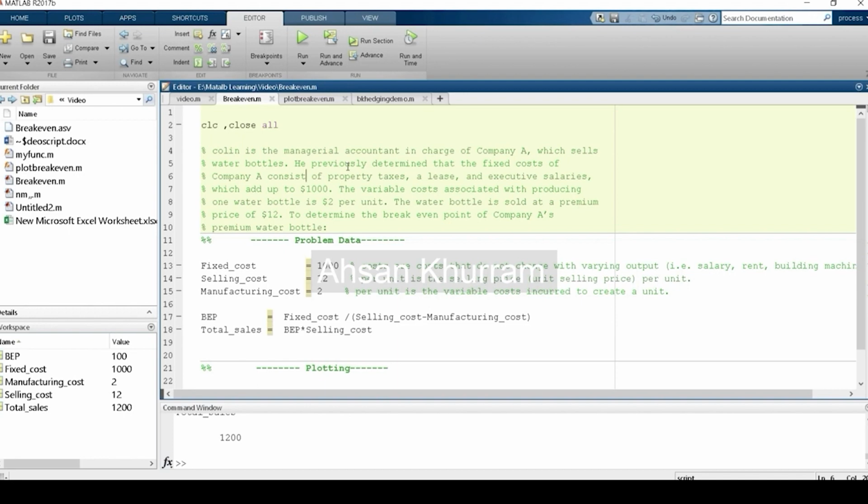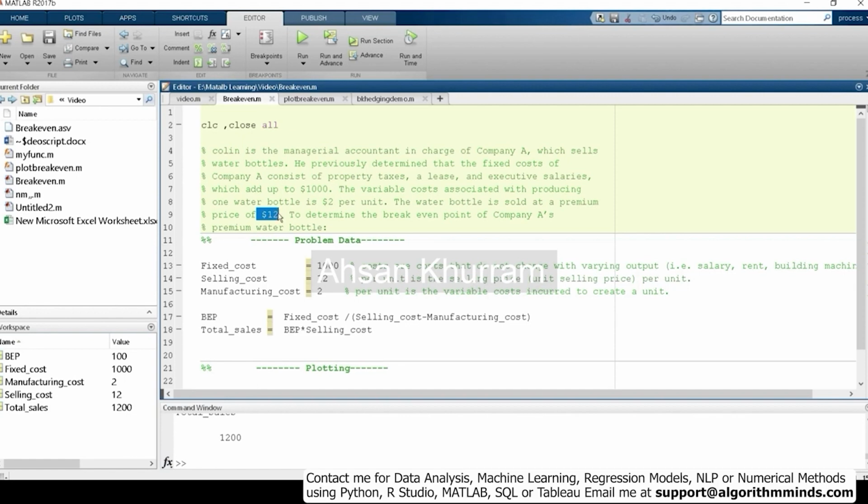This plant will sell a premium water bottle at $12, and this will be our selling price. The total manufacturing cost for the bottle will be $2. That is our variable cost.